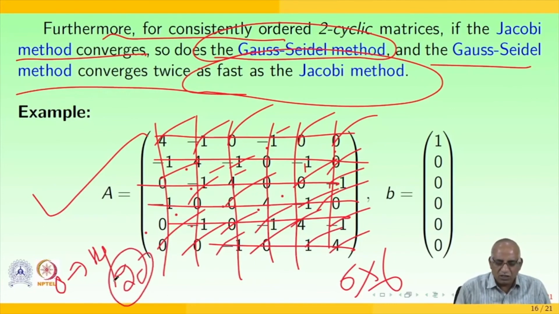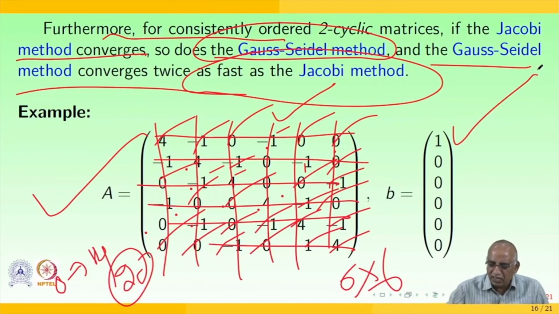So that means non-zero entries are dominating. So it is not actually a sparse matrix. It is a little bit close to a dense matrix, whereas this other matrix is a sparse matrix.